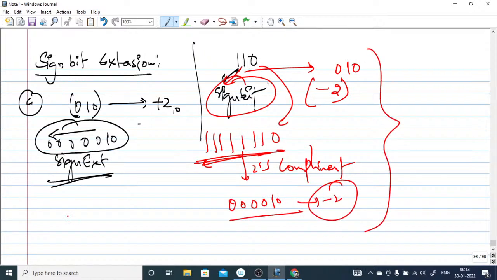This is a property here: you can extend the sign bit. In the case of microprocessors, sign extension is also used, for example in the 8086 microprocessor.